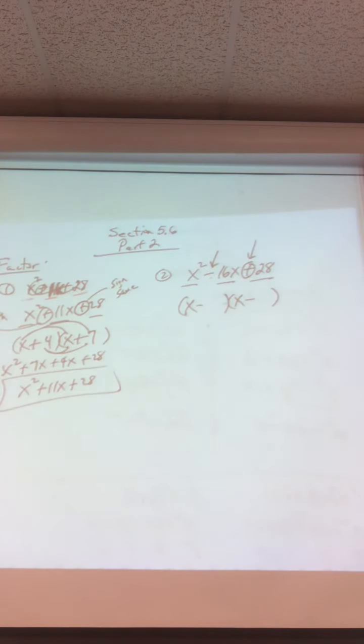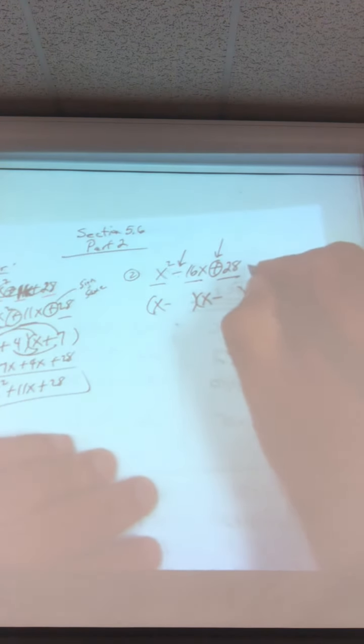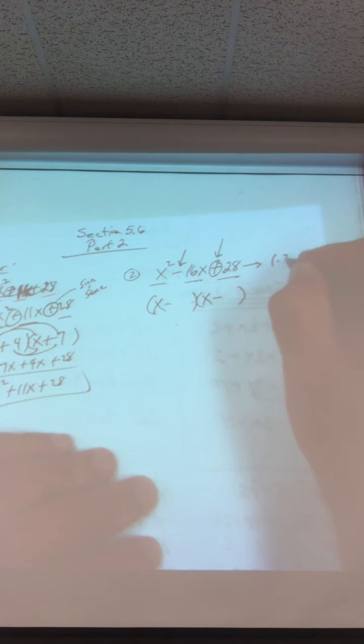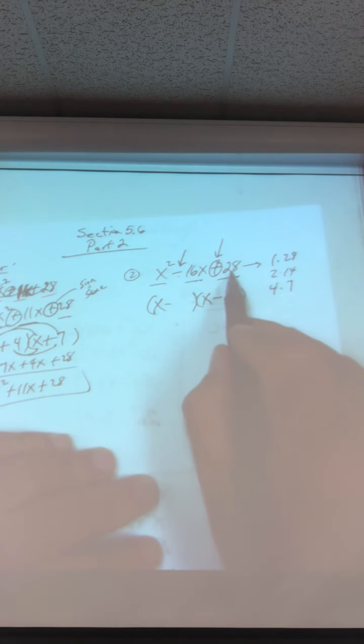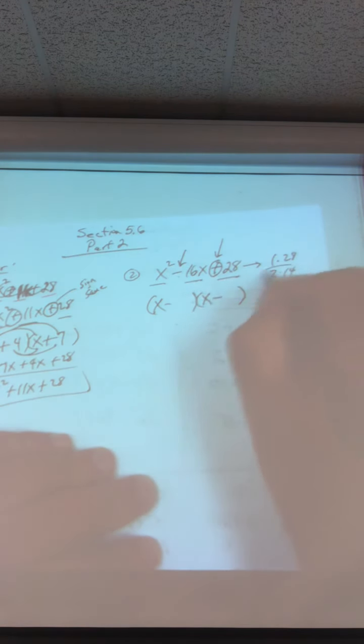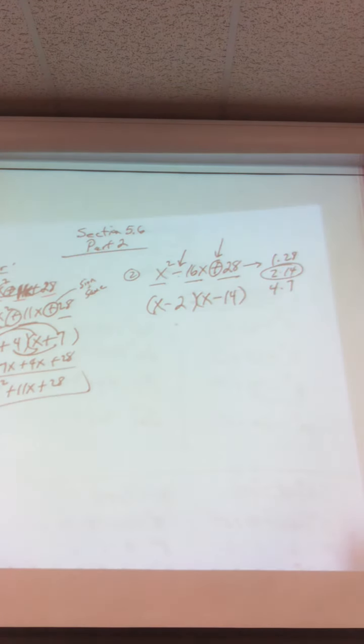If it helps you, a lot of times I've seen students come to the side and list 1 times 28, 2 times 14, and 4 times 7. Two numbers that multiply to 28 and add to 16 are 2 and 14. Since the signs are the same, it does not matter which one you put where.